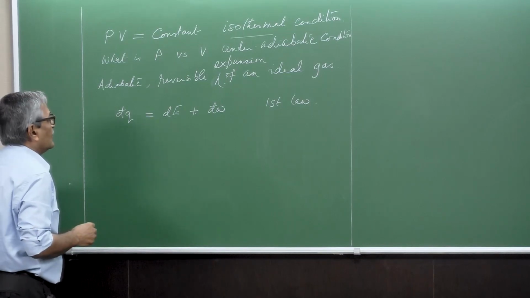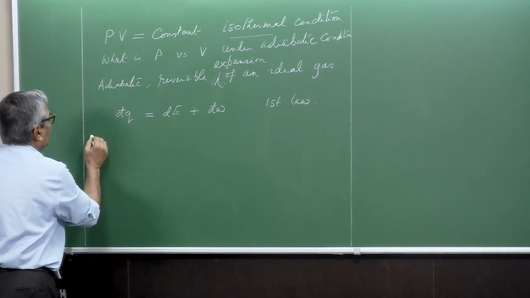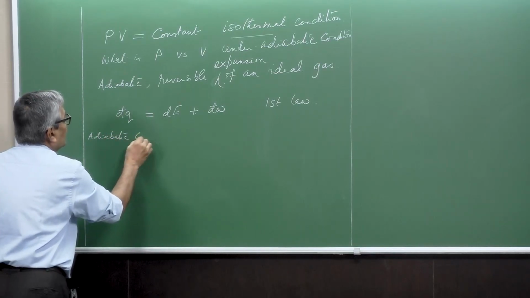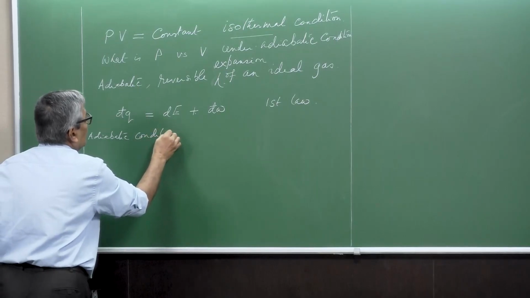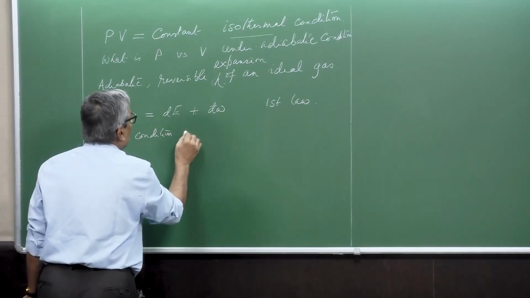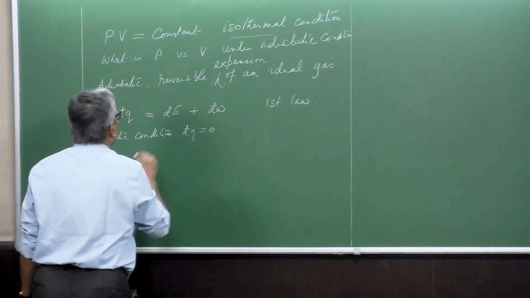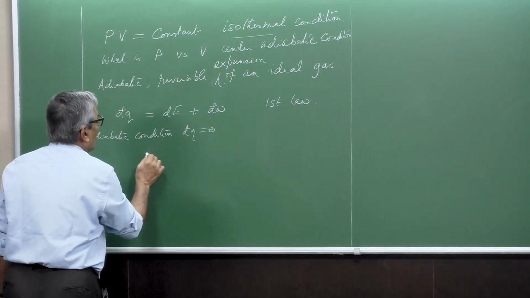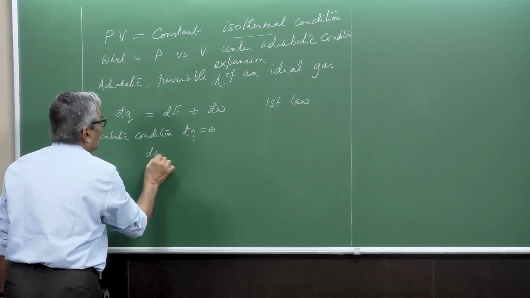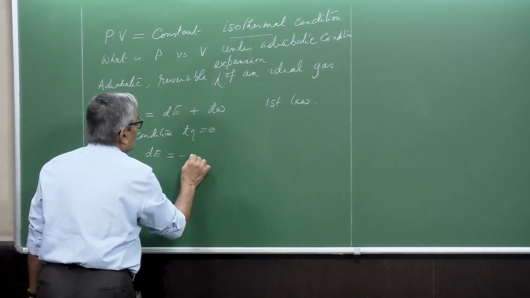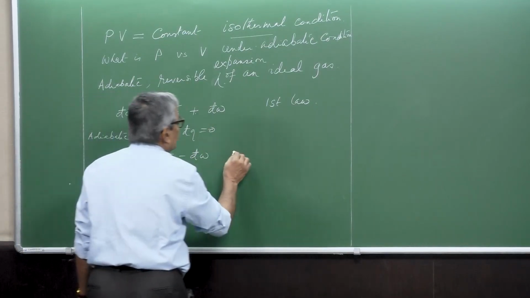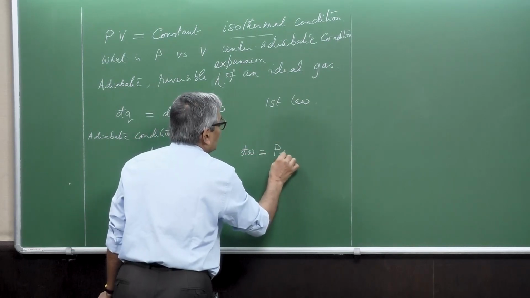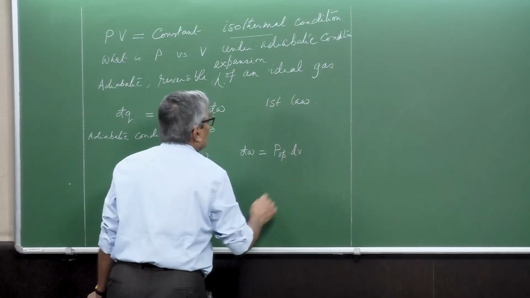Now, under adiabatic condition, dq is equal to 0. So the equation is basically dE equal to minus dW, and dW is a mechanical work, which is P opposing times dV, the change in volume.